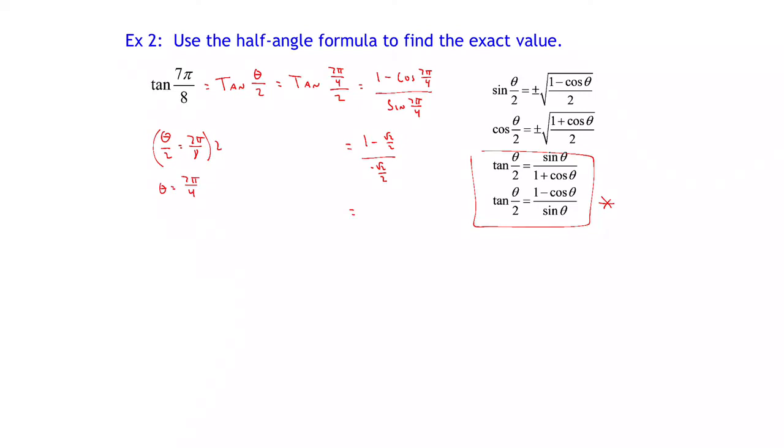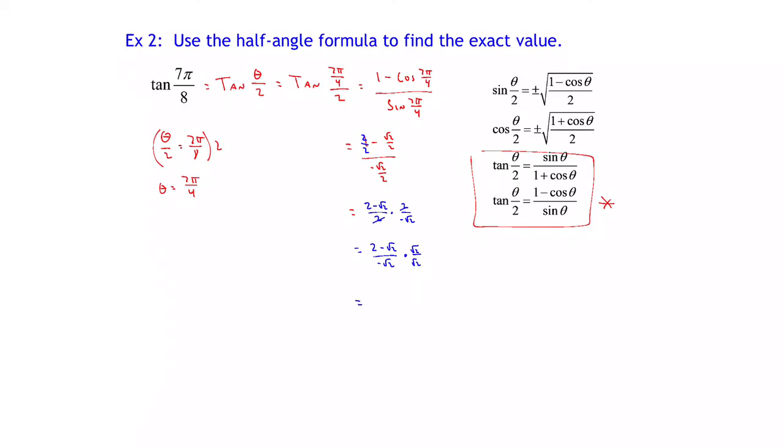So we'll find a common denominator. This 1 will change to 2 over 2, so that would be 2 minus the square root of 2 over 2 times the reciprocal, 2 over the square root of 2. The 2's cancel. We're left with 2 minus the square root of 2 over negative square root of 2. We can then multiply by the square root of 2 to rationalize the denominator.